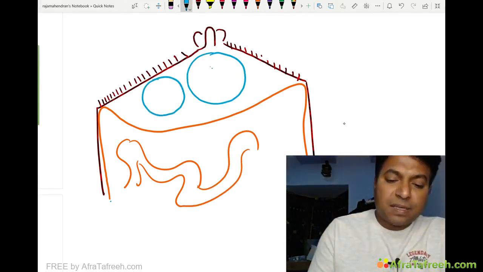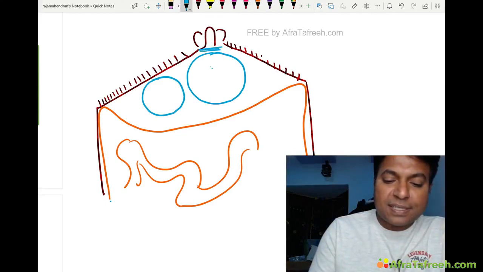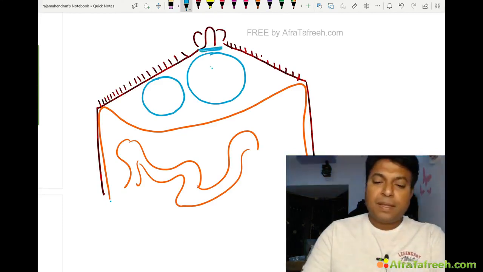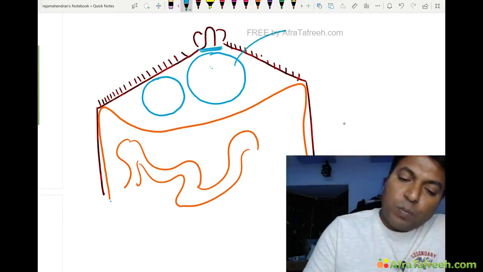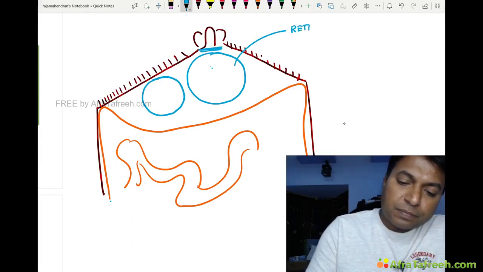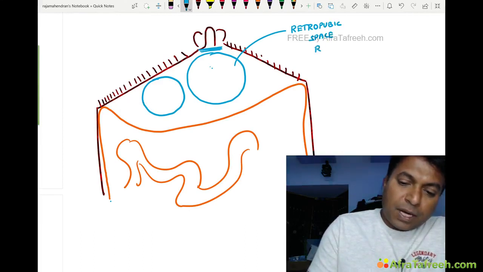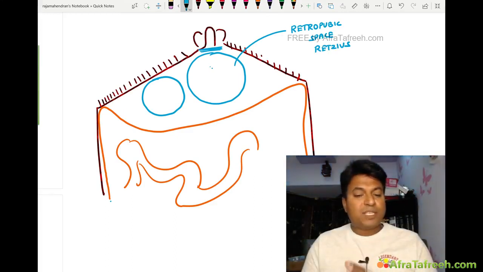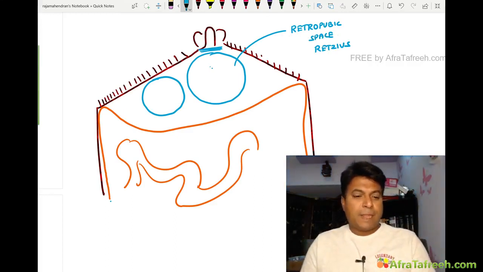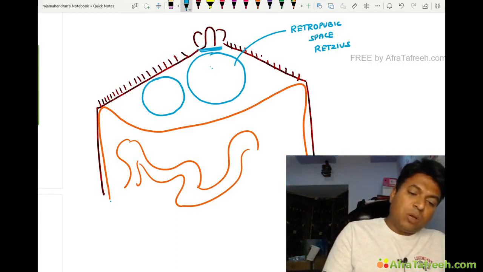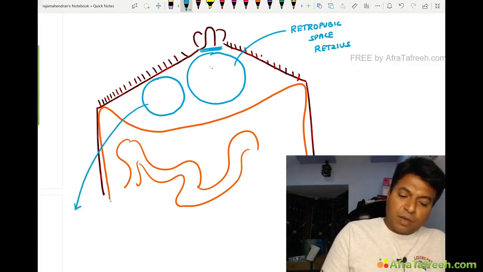This space behind the pubic symphysis is known as the retropubic space of Retzius. Please remember, retropubic space of Retzius. And this space behind the inguinal canal is known as Bogros space.